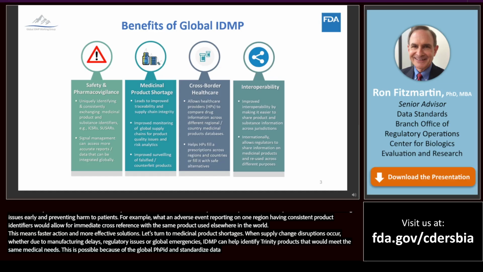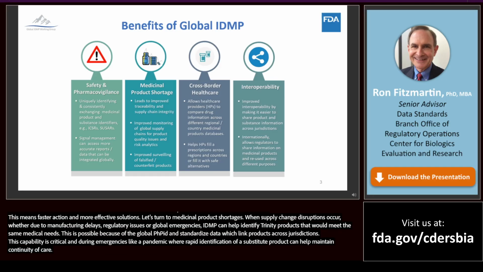This capability is especially critical during emergencies, like a pandemic, where rapid identification of a substitute product can help maintain continuity of care. IDMP's standardized identifiers allow for seamless tracking of medicinal products in these situations, minimizing the risk of shortages affecting patient outcomes.